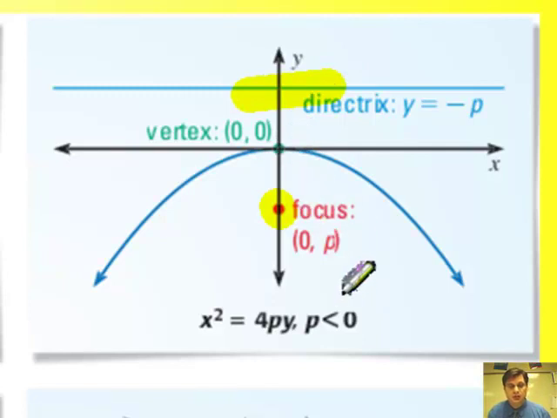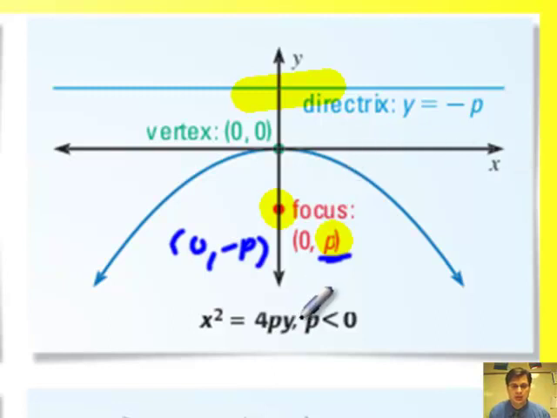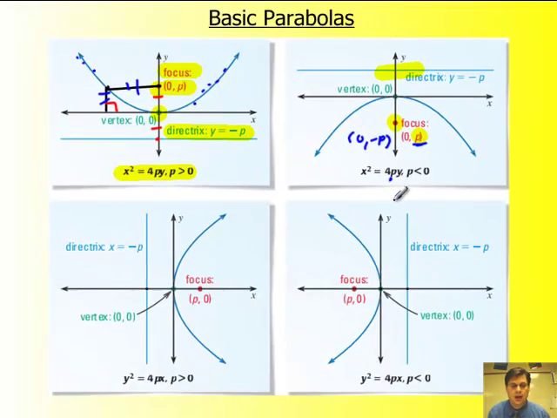Everything else is the same, but notice how the p value here is still positive, because p is a distance. It's not an actual coordinate, it's a distance. Now this is located at the point (0, negative p), but when we look at p, it's actually a distance, and that corresponds to the p value in this equation.